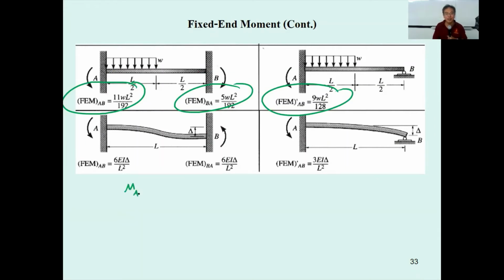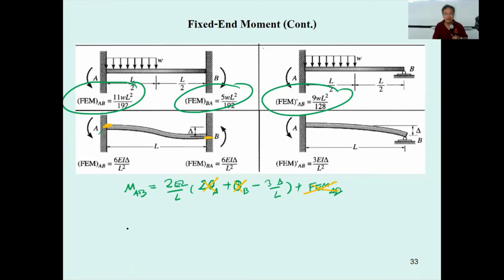If you remember M sub AB equals 2EI over L, if this one is A, 2 theta sub A plus theta sub B minus 3 delta over L, plus fixed end moment AB. Following this, you may see we don't have the load over here. So this is 0. This is fixed. This is fixed. This one is 0.